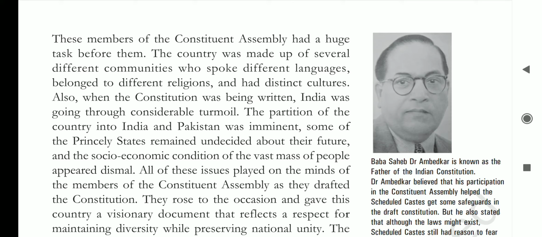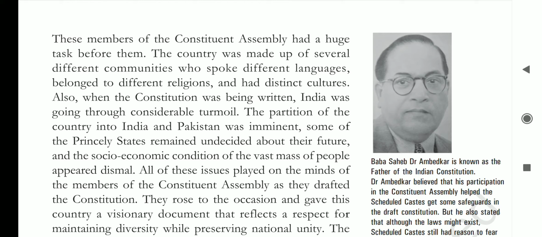India's situation was very pathetic. They studied many other countries' constitutions and discussed with leaders of many countries how things worked in their countries.